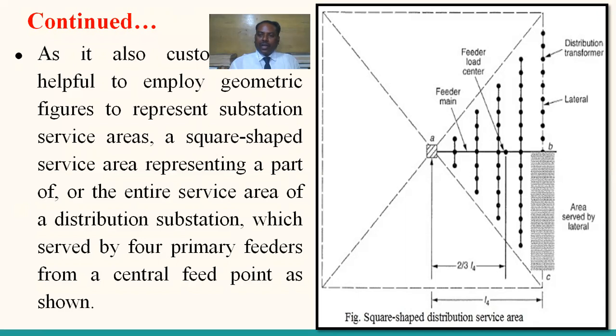Because the square shaped area is to be divided equally, so hardly it has 90 degrees, 90 degrees. Our total 360 degrees is to be divided by 4, so 90 degrees. So in this evaluation we will do per one feeder analysis, and it should be multiplied by 4 so that the total square shaped area will be covered here.